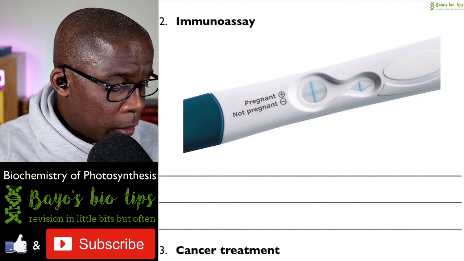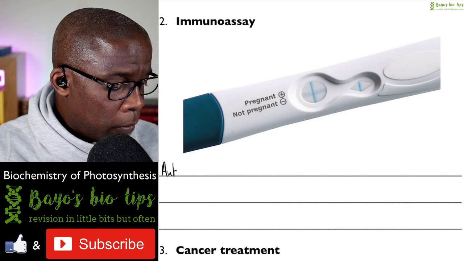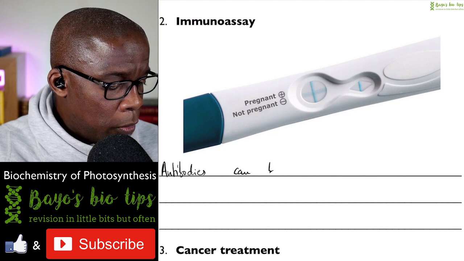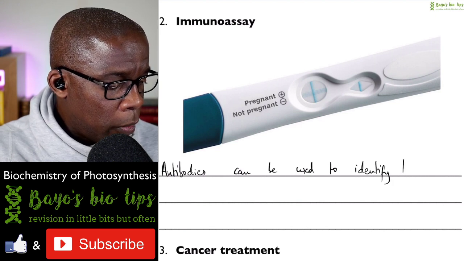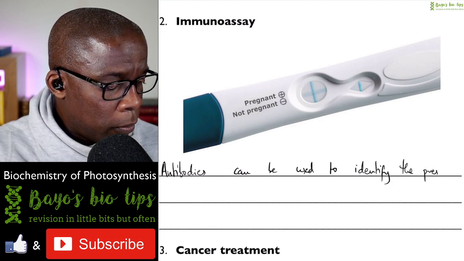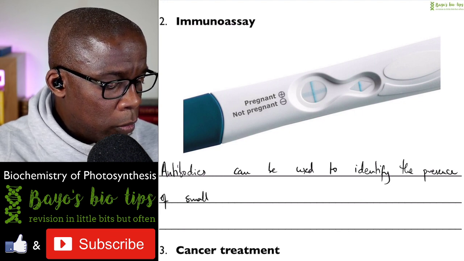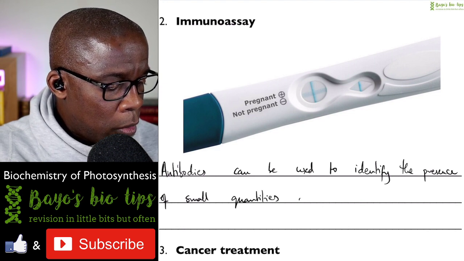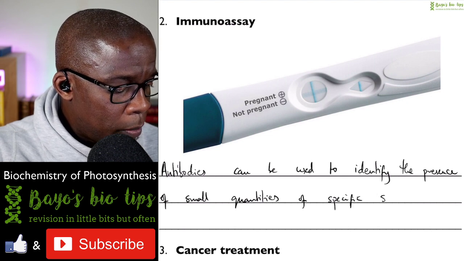So let's write something down for this. So antibodies can be used to identify the presence of small quantities of specific substances.